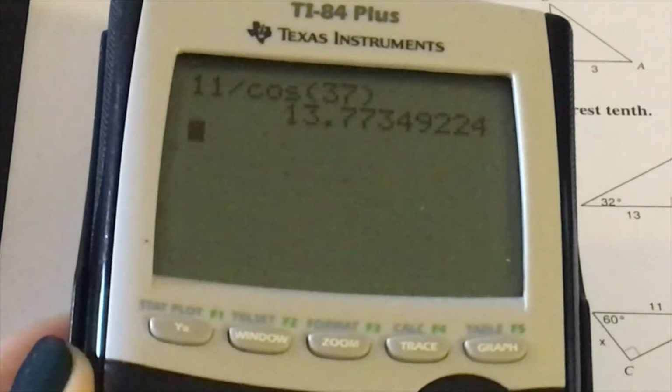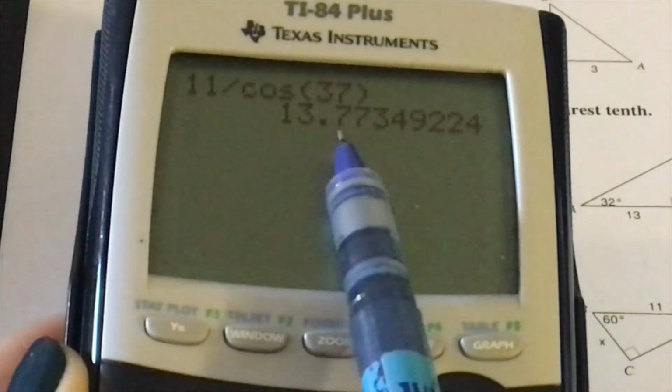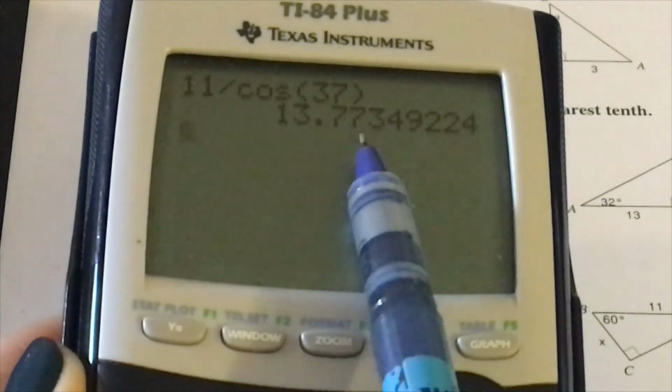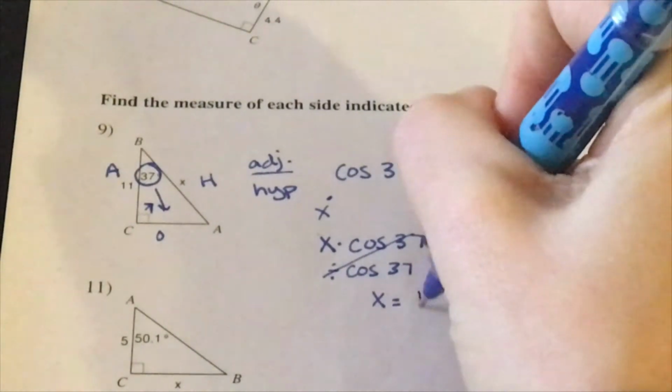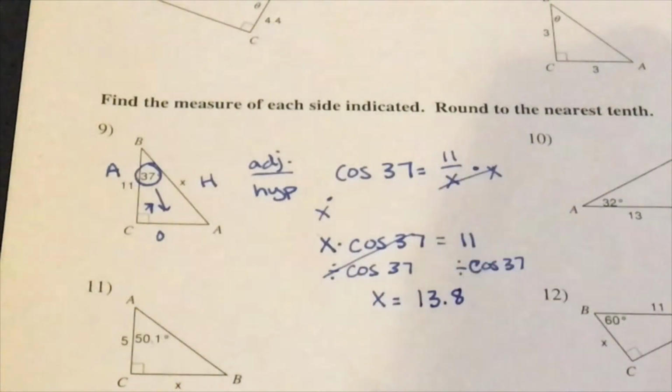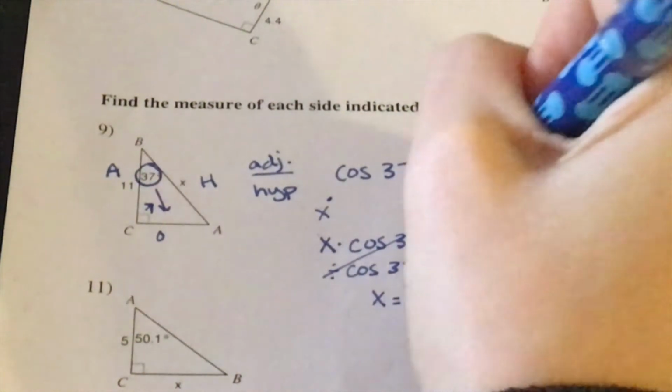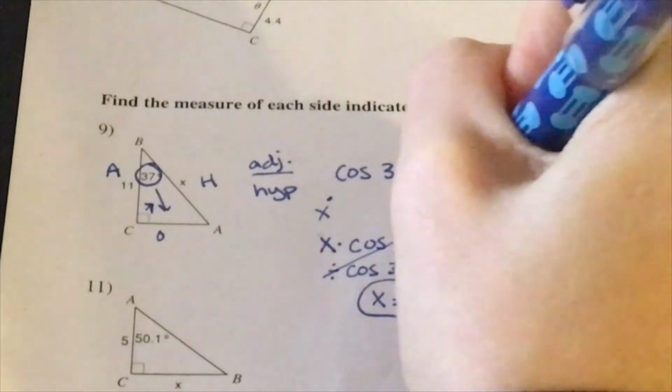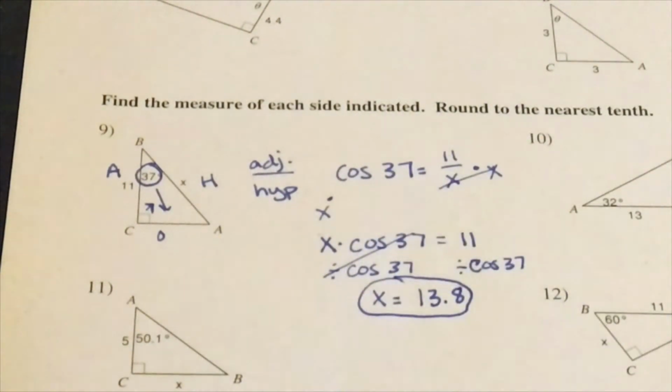So I found out that it's about 13.8 because we're going to round to the nearest tenth, and 7 rounds up. There are no units here, so I can just leave it as 13.8. It would be better if they were more specific, like inches or something.